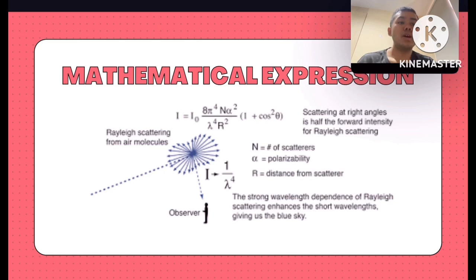N is the number of scatterers, α is polarizability, and r is the distance from the scatterer. As I mentioned before, I is inversely proportional to λ power 4, due to this equation.